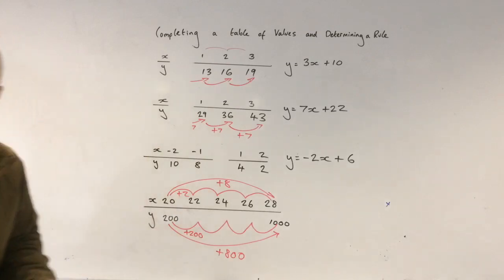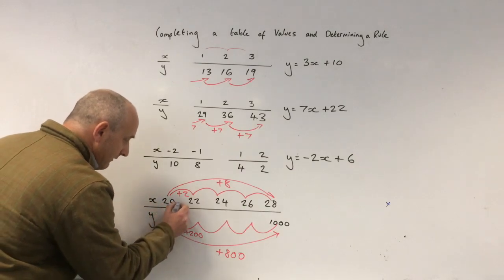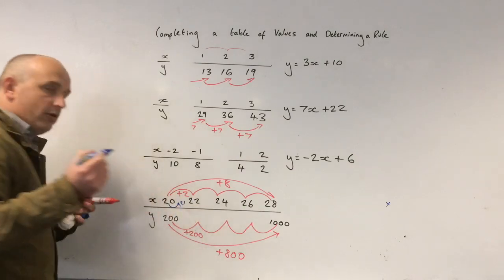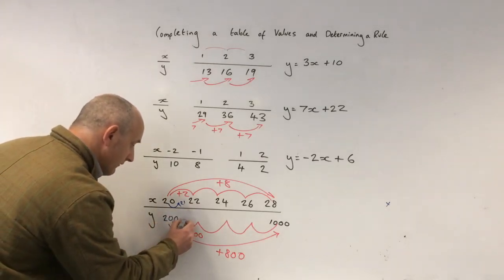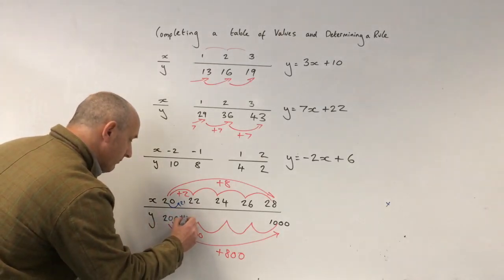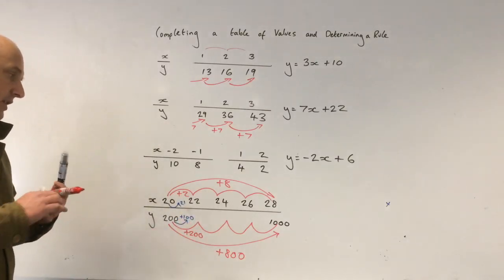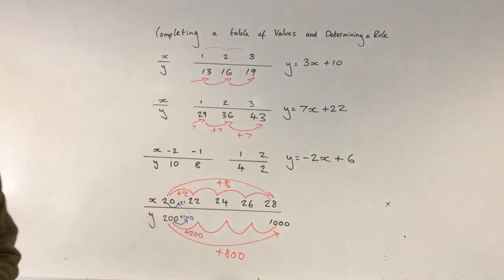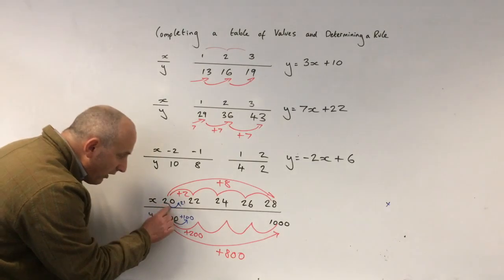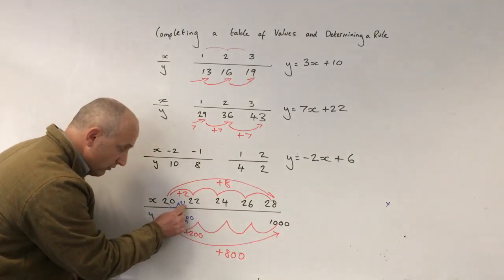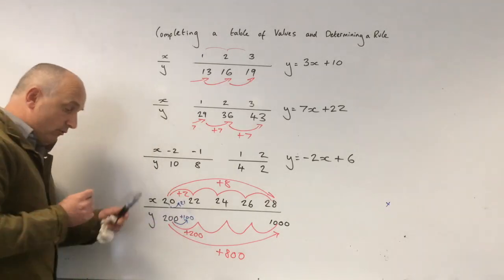Okay, and if I went for a micro jump from 20 to 21, what would that be? That would be the same as going up 100. All right. So for every time we go across 1, the y value is going up by 100.